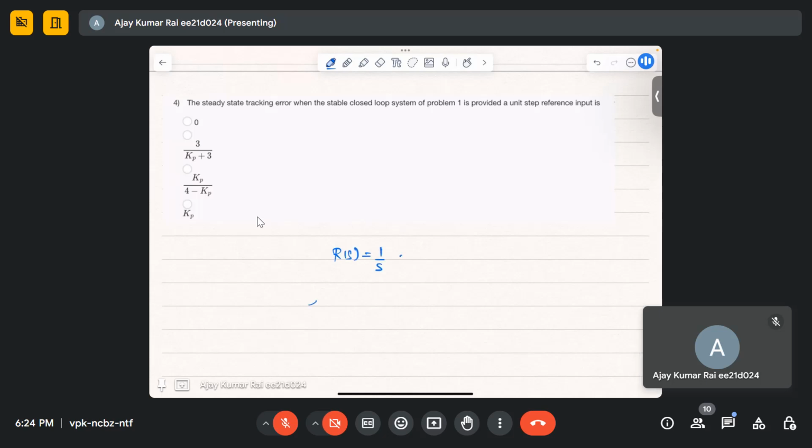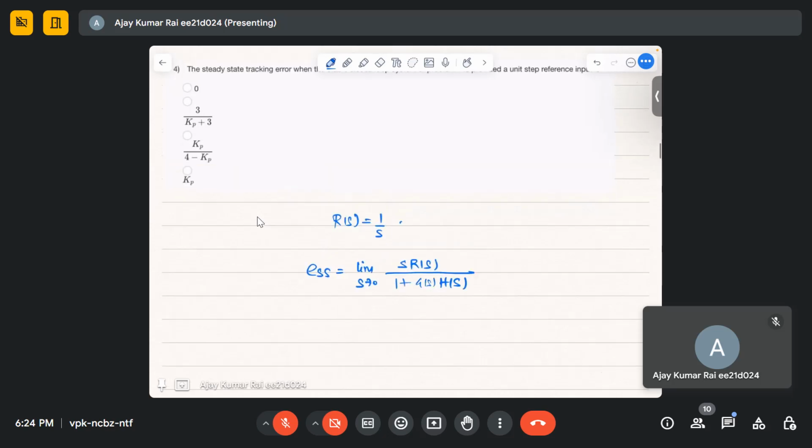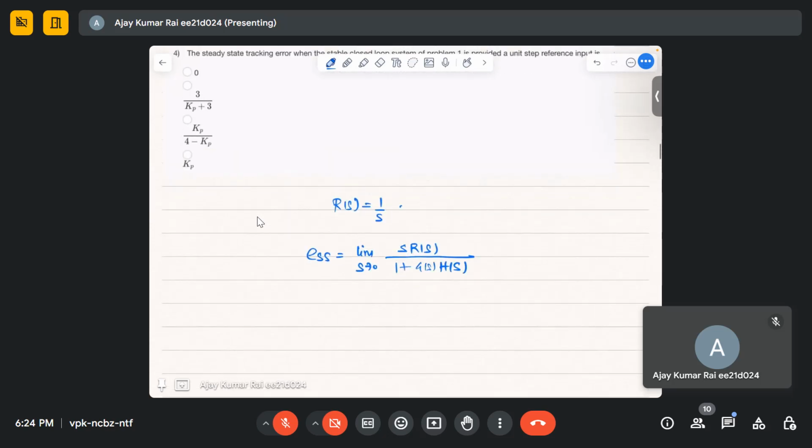You know the tracking error is the limit as s tends to 0 of s into R(s) over 1 plus G(s)H(s). I think we have also done these types of questions in assignment 5. Okay, so everything is known.